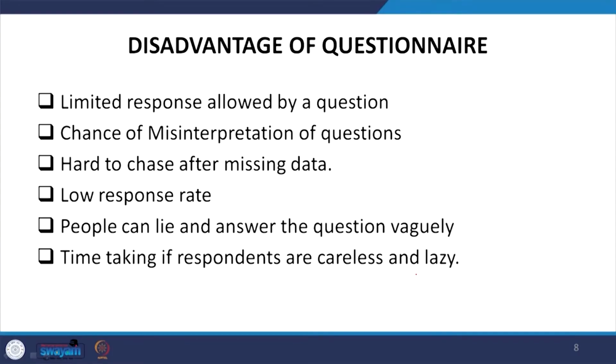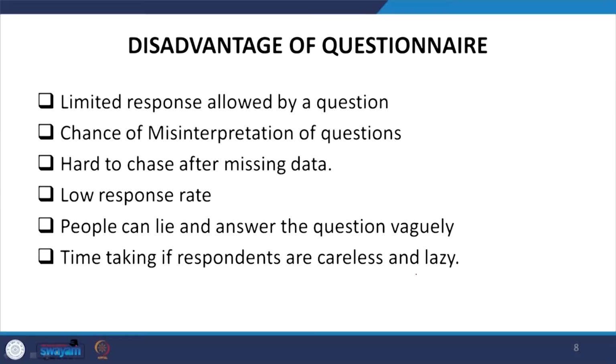And there is the chance of misinterpretation of questions, because of the way the researcher wanted to set the questions in the questionnaire may not actually be convincing to the respondent. So they may go by some form of misinterpretation, and it is hard to chase after missing data.